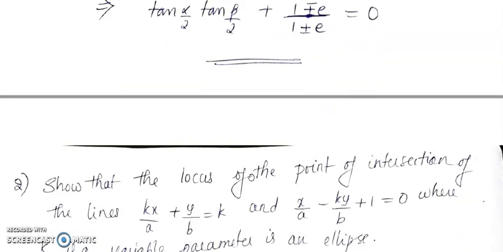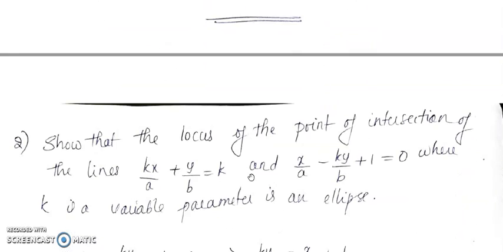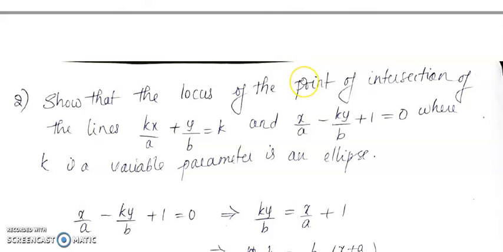And again the second question is: show that the locus of the point of intersection of the lines kx by a plus y by b equal to k and x by a minus ky by b plus 1 equal to 0, where k is a variable parameter, is an ellipse.